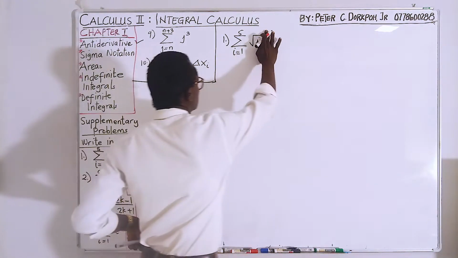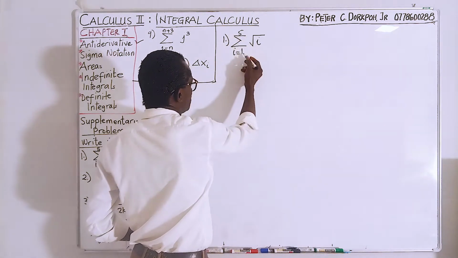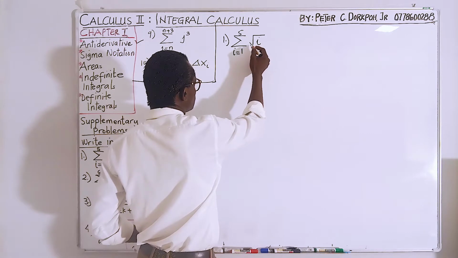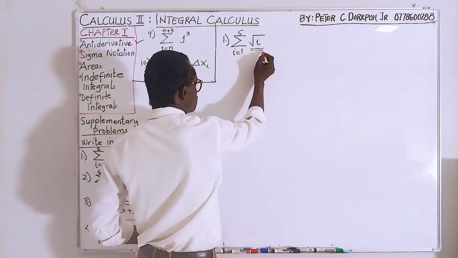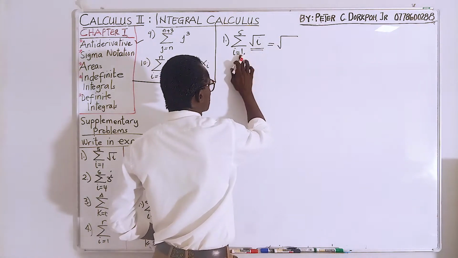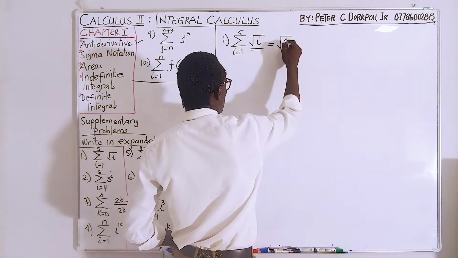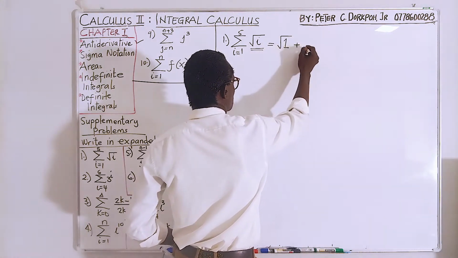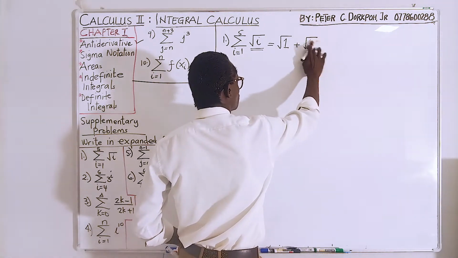So remember now, when r leads from 1 to 5, it means you must replace this summa. Remember I told you this entire expression here is the summa. So replace this summa now with the lower bound, starting with the lower bound. So we start with the square root of 1 plus the root of the same r, but we move to the next number.